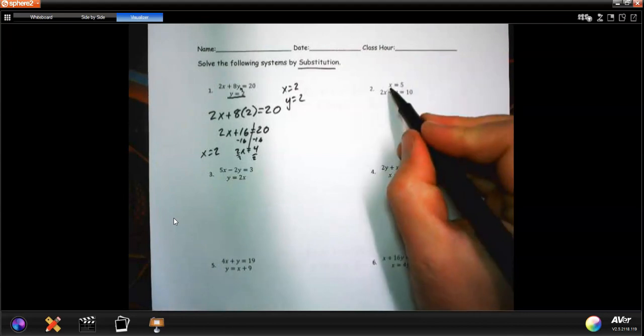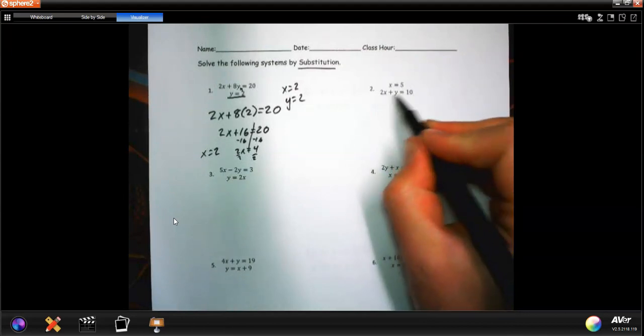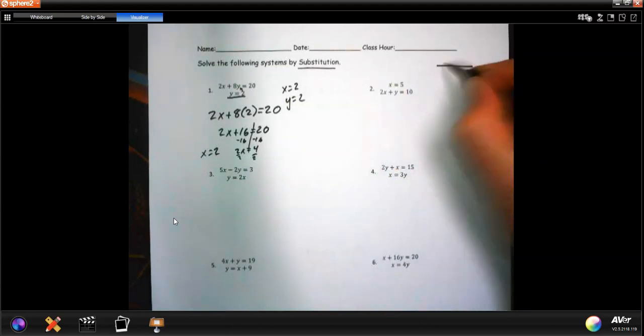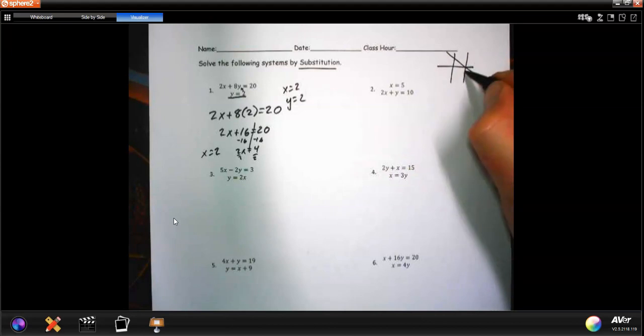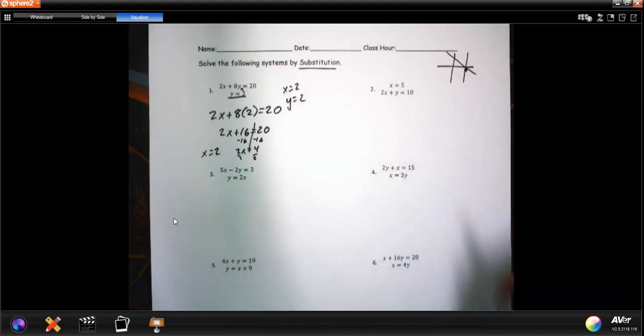Let's try the next one. Here we have x equals 5 and then 2x plus y equals 10. On the graph, x equals 5 looks like that. Oh, sorry, that's actually wrong. x equals 5 will look like this, right? So on the graph it'll look like this. And then the other line's going up, probably doing something like that. At some point they're going to touch, and we're trying to figure out where.